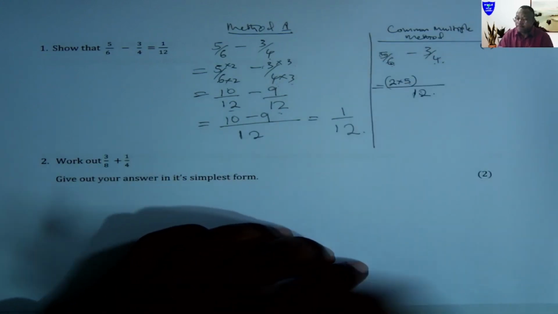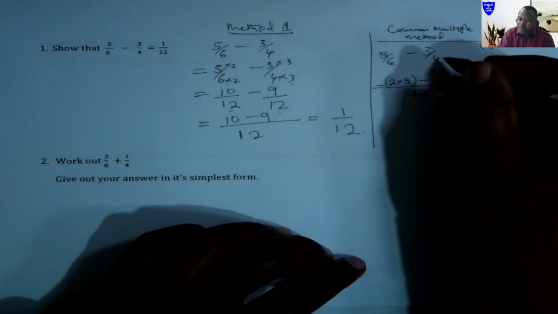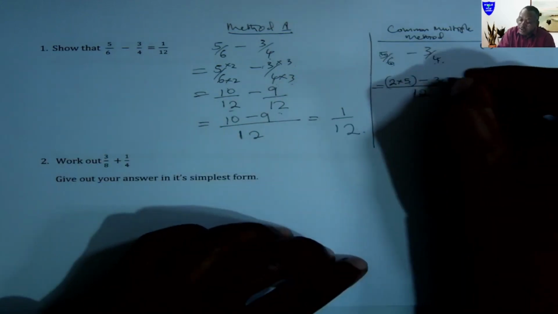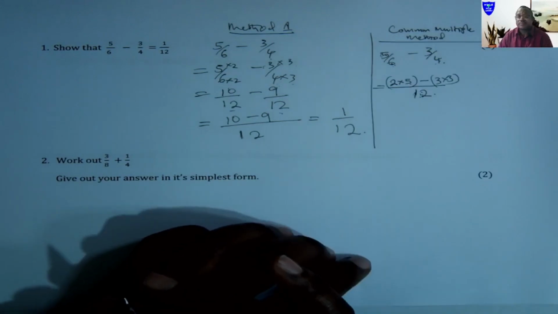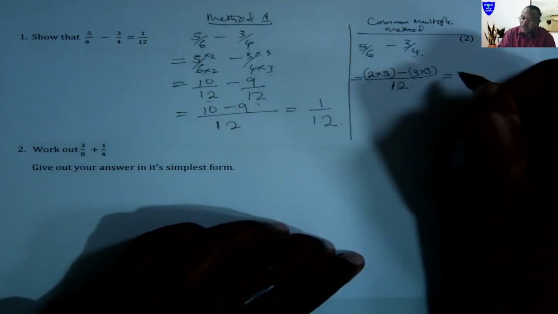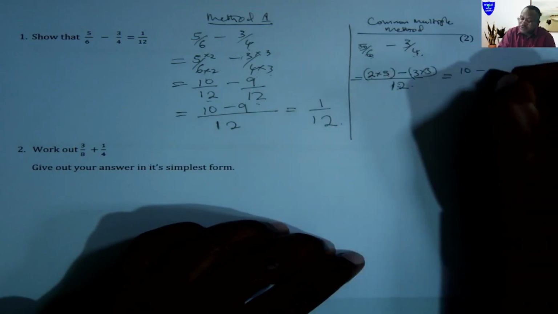Okay? Minus. Then 12 divided by 4 is 3. So I'll write 3 times that 3, like that. Okay? And then 2 times 5 will give me 10. 3 times 3 will give me 9.